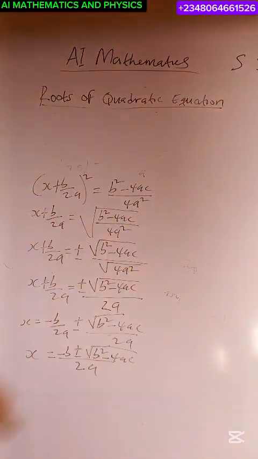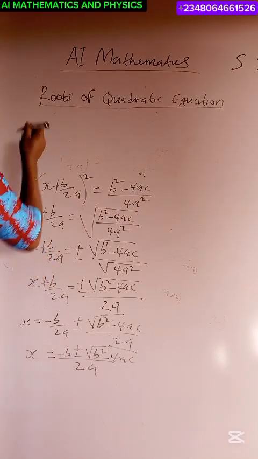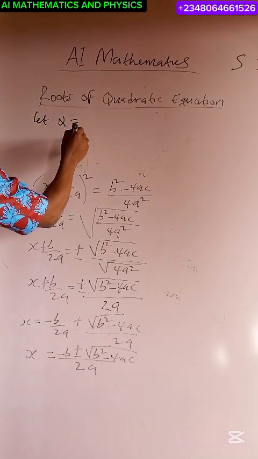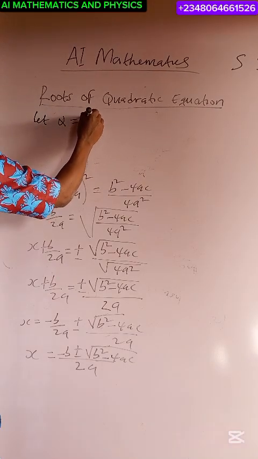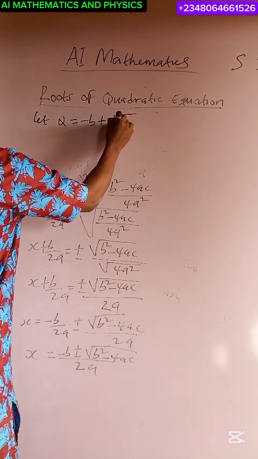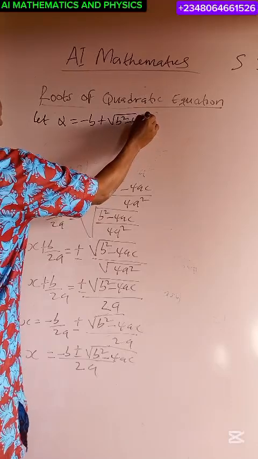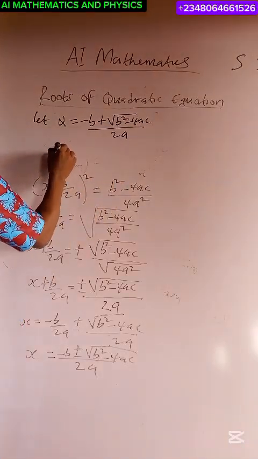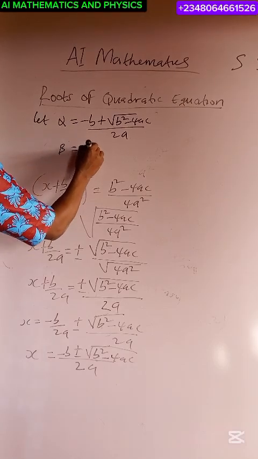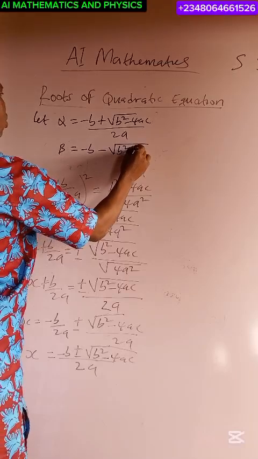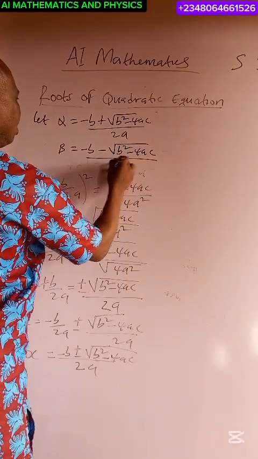Let alpha be equal to minus b plus the square root of b squared minus 4ac over 2a, and beta be equal to minus b minus the square root of b squared minus 4ac over 2a.